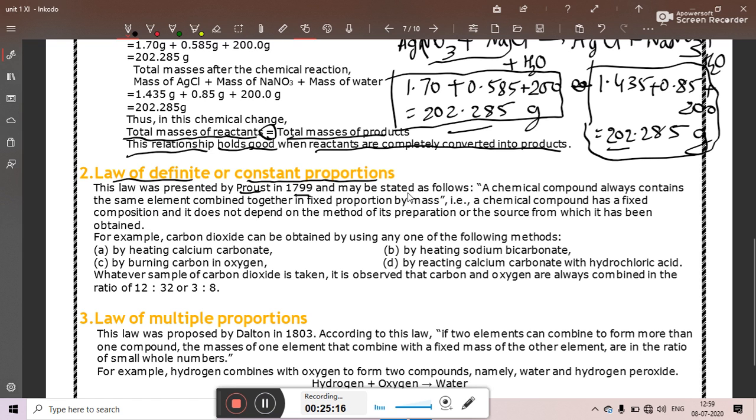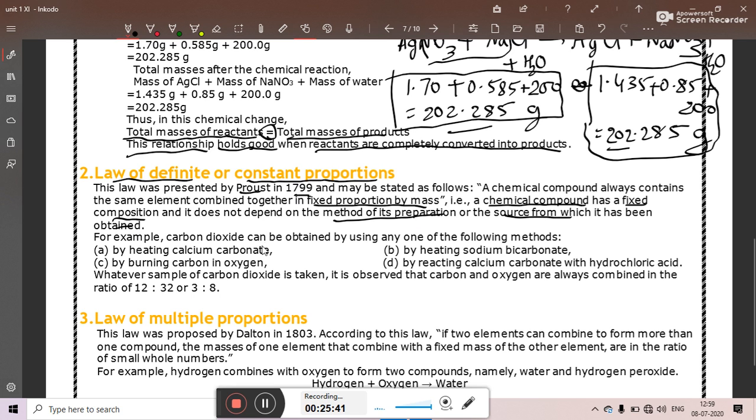So in any compound the elements which are present are always combined in a fixed proportion of their mass. That means a chemical compound has a fixed composition of elements, and it does not depend on the method of its preparation or the source from which it has been obtained.